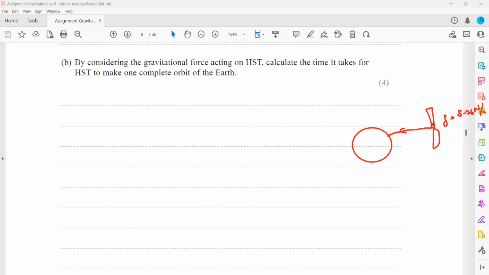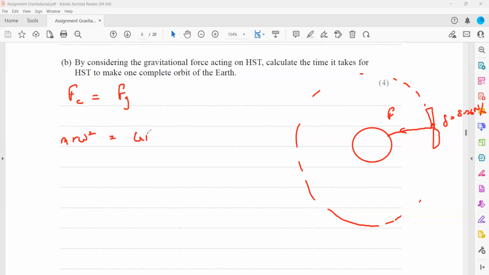The gravitational force is acting. As it is moving in a circular path, we can say the gravitational force is equal to the centripetal force. The centripetal force and gravitational force are the same. Centripetal force is given by m r omega square or m v square over r.